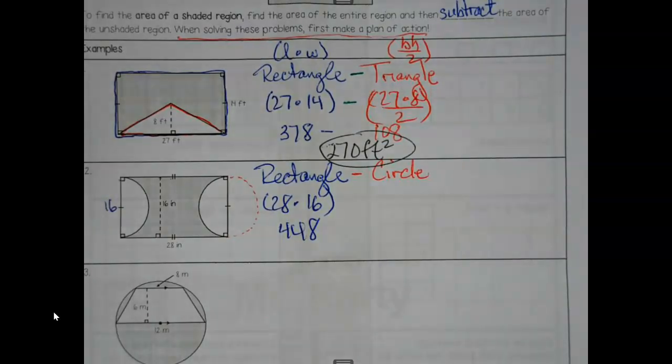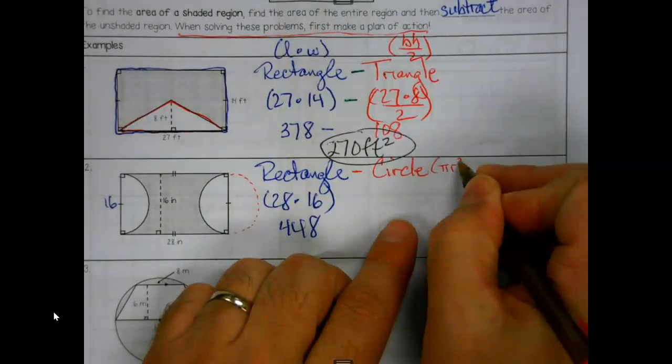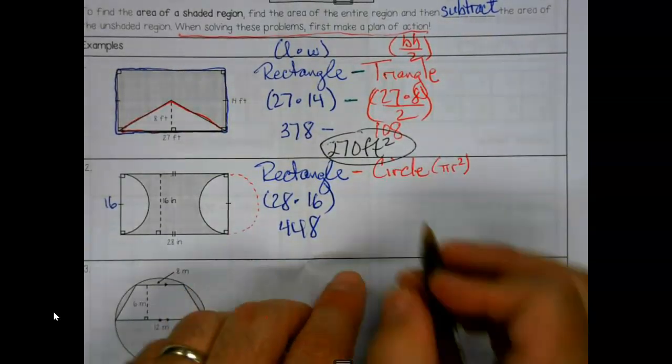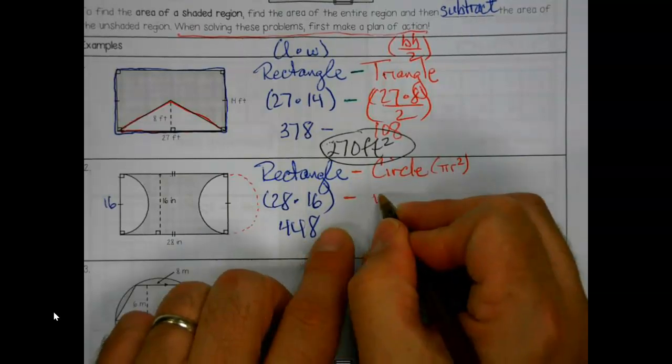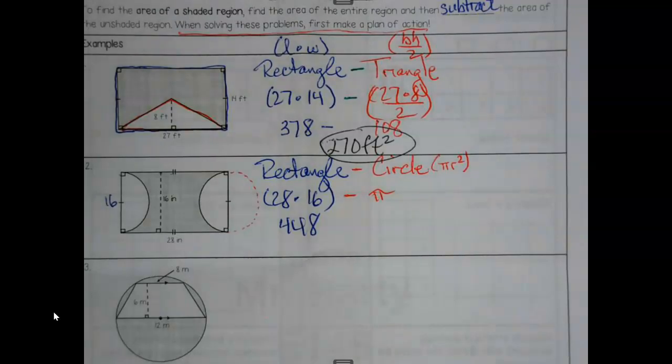I want to do less. So let's see. How do I find the area of a circle again? Pi times radius squared. So we got pi. What's my radius? 8. How'd you figure that out?